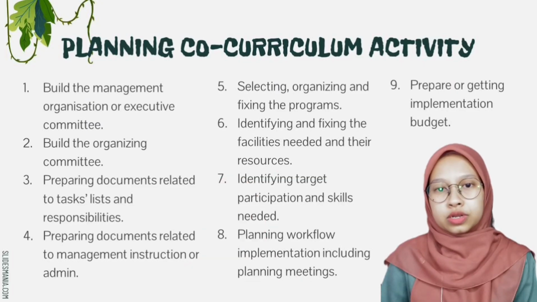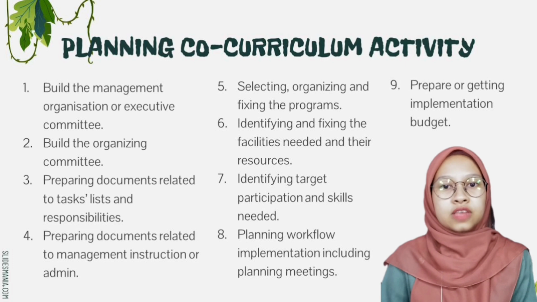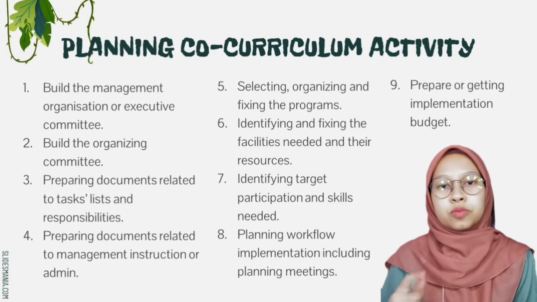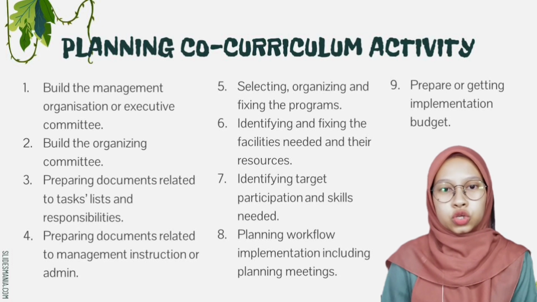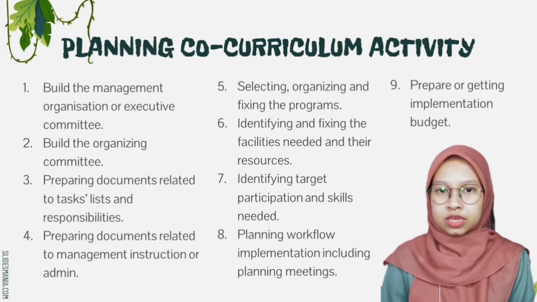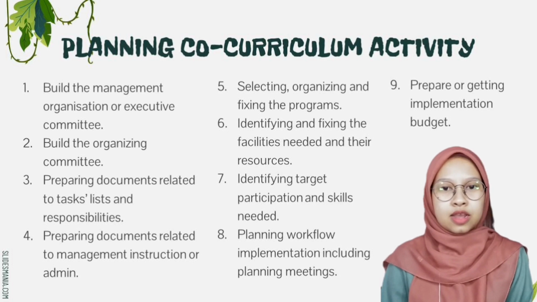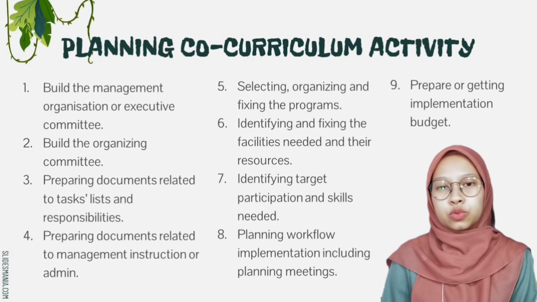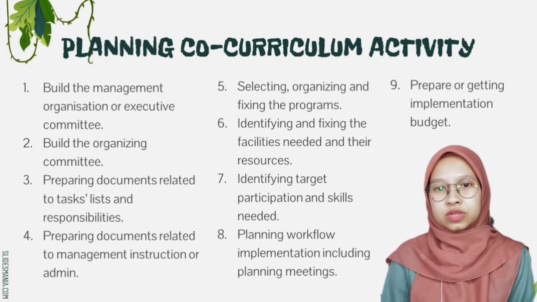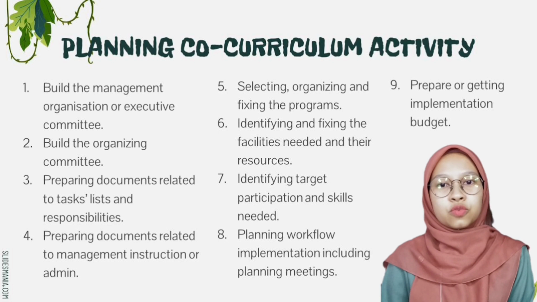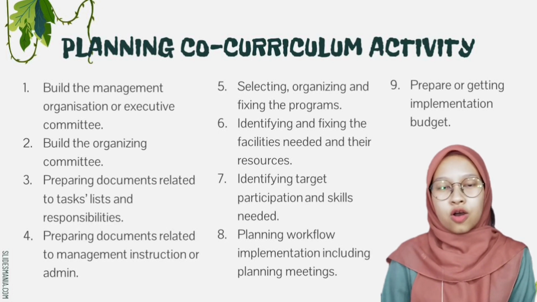In planning co-curriculum activity, there are several steps that we need to follow. The first one is build the management organization or executive committee. Next, build the organizing committee. And then prepare the documents related to task lists and responsibilities. After that, you need to prepare documents related to management instruction or admin.